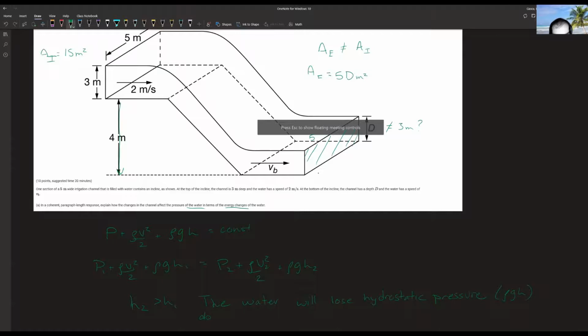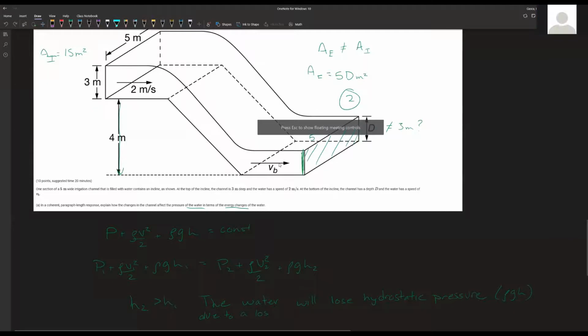Oops. Wait, is 0.2 the top part? Where do you see the 0.2? If you're saying H2, is that the top? I would say it would be the second portion over here, down here. This would be station 2. This would be station 1.